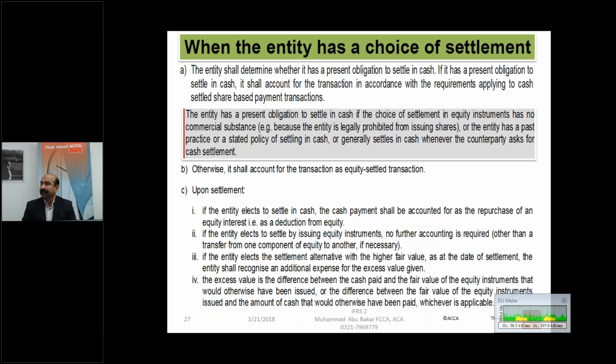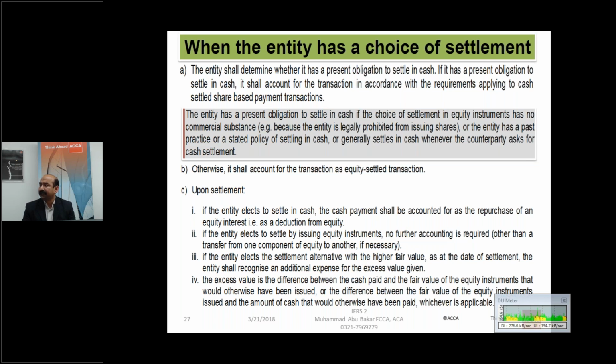Second is if the entity elects to settle by issuing equity instrument, no further accounting is required because you already have the equity reserve and shares are being issued. Other than a transfer from one component, that will become the share capital.